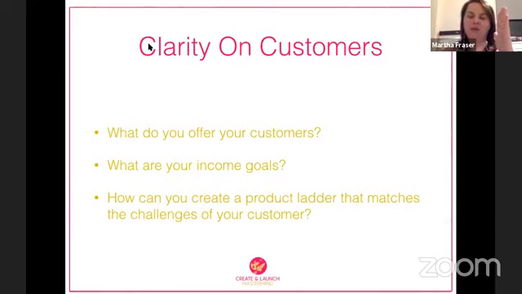So you might start off solving a small problem or challenge for them. Then you're going to solve a bigger problem or challenge for them. Then you might solve a bigger problem or challenge for them. So what are their problems? What are their challenges? And what solutions can you offer them? And then what are the prices that you are going to offer with those solutions? So as the solutions get bigger, your prices are also going to increase as well, okay?